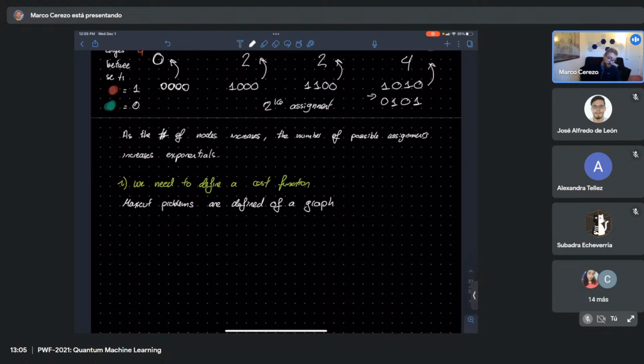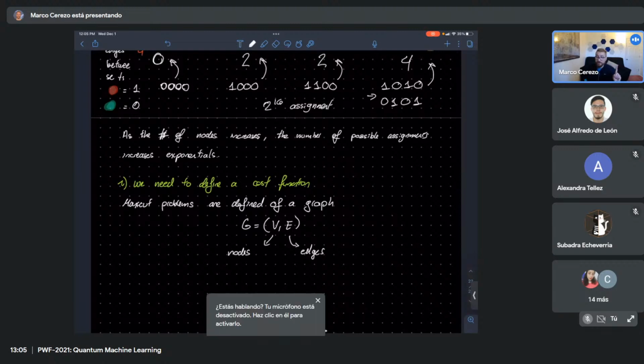A graph G can always be expressed as a collection V, E, where V is the collection of nodes and E is the collection of edges. V tells me node 1, node 2, node 3, all the way to node n. And E tells me node 1 is connected with node 3, node 2 is connected with node 17, and so on.